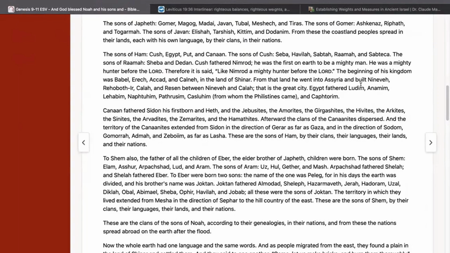As he warns them, he's mad that he has to go and preach to them, because he knows that if they repent, God's going to forgive them. He doesn't want God to forgive them because of all the pain that they're causing them. So they're there, and then Casluhim, from whom the Philistines came. Right.